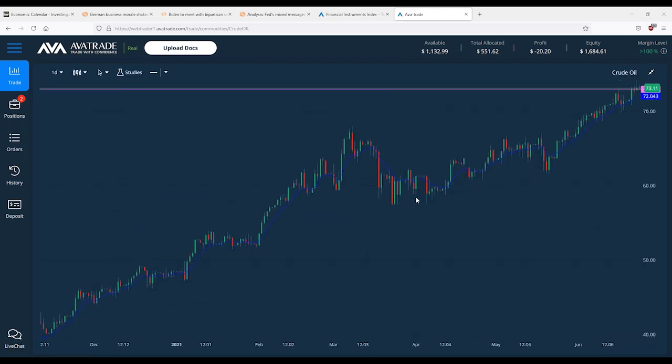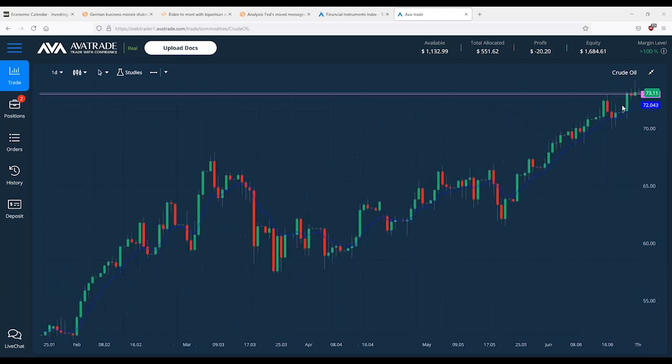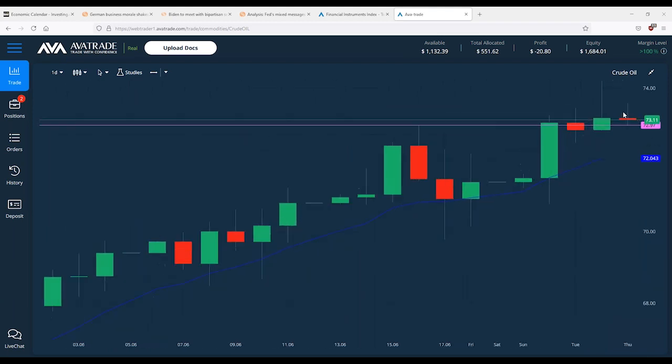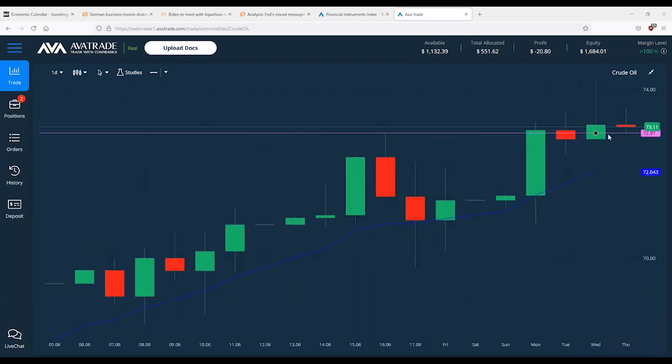Same thing, huge uptrend, resistance, breakthrough becomes the current support level right here. Old resistance, current support. So I don't have to risk much if I'm going to buy on crude oil because the economies have been doing way better than expected with higher inflation than expected. That's what's been driving crude oil up, right?